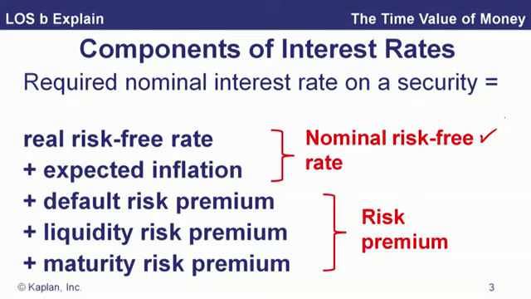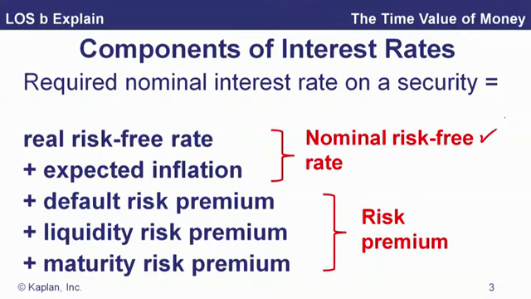Now, for other securities or loans that have risk to them, we'll add a default risk premium. Liquidity, the ability to readily sell a security, a loan, for its intrinsic value, varies across securities, and some are less liquid. And if they're less liquid, then there'll be a premium for this lack of liquidity too.